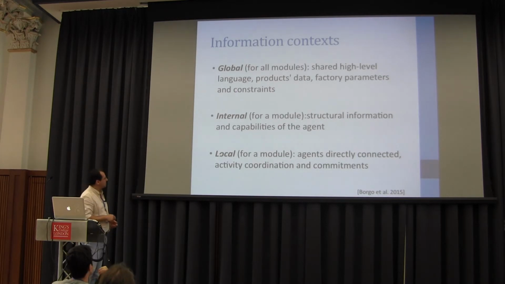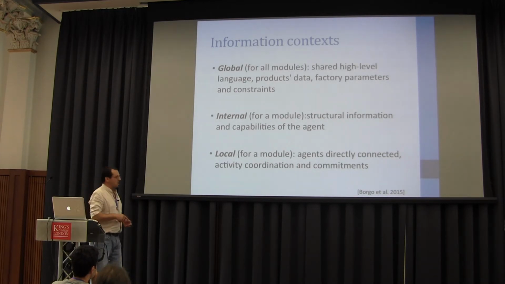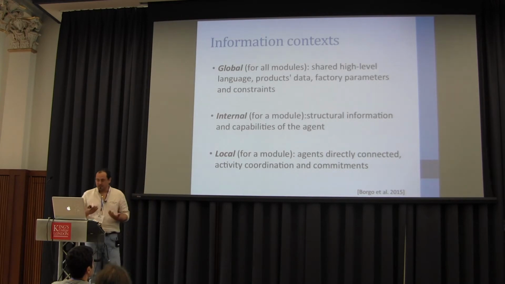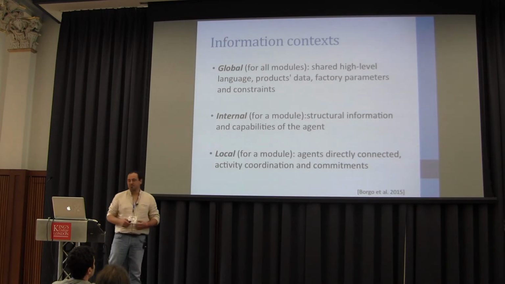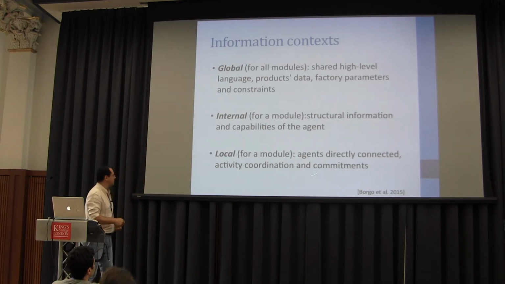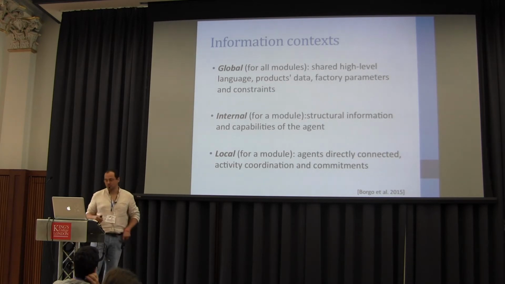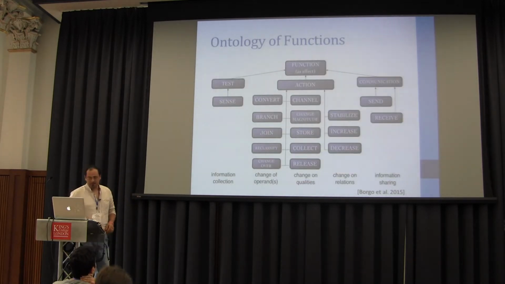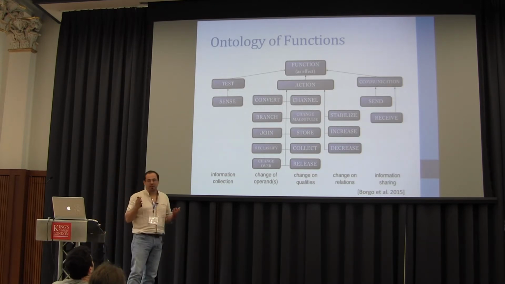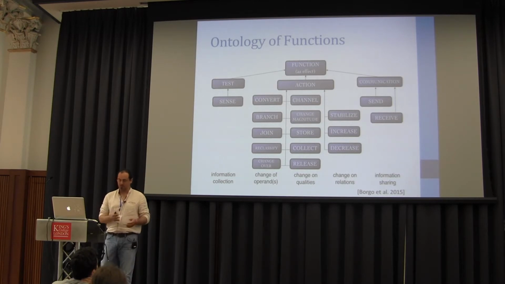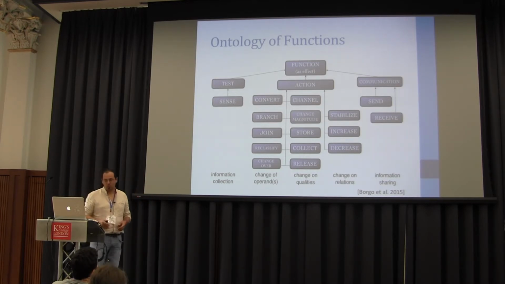And then a local context for a single module that is basically representing the information related to the topological connections implemented in the plant or the activity coordination and commitments that the agent is supposed to perform. Then a further contribution in this previous work was the definition of an ontology of functions in order to provide an abstract representation of all the capabilities that the mechatronic component in this kind of configurable manufacturing system can actually implement.